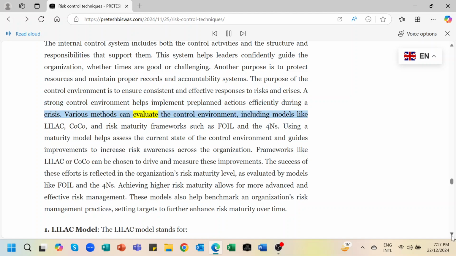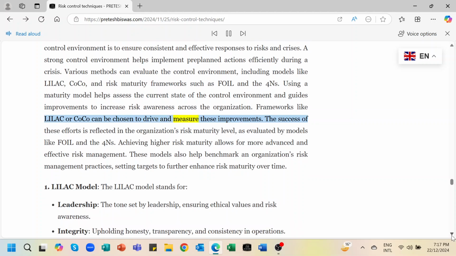Various methods can evaluate the control environment, including models like LILAC, COCO, and risk maturity frameworks such as FOIL and the 4NS. Using a maturity model helps assess the current state of the control environment and guides improvements to increase risk awareness across the organization. Frameworks like LILAC or COCO can be chosen to drive and measure these improvements.